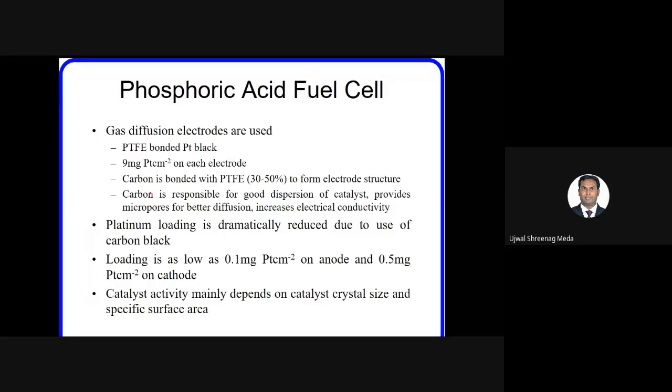Of course, depending upon the application and capacity required, there might be many variants within the phosphoric acid fuel cell itself. This is just an example of how you fabricate electrode in case of PAFC.